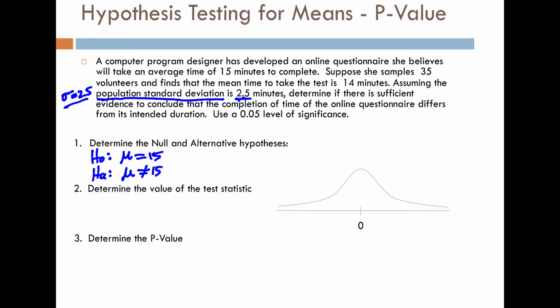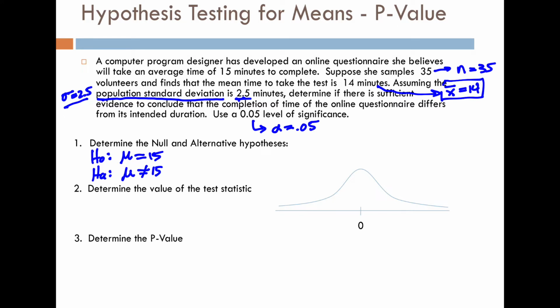Some other numbers that were thrown at us, there was a sample of 35, so that's my n. And when she took this sample of 35 people, she found the mean time to take the test was 14 minutes. So that is my sample statistic that I'm going to use to test the 15 minutes. And of course, our level of significance here is 0.05, so that's a 95% level of confidence, alpha equal to 0.05.